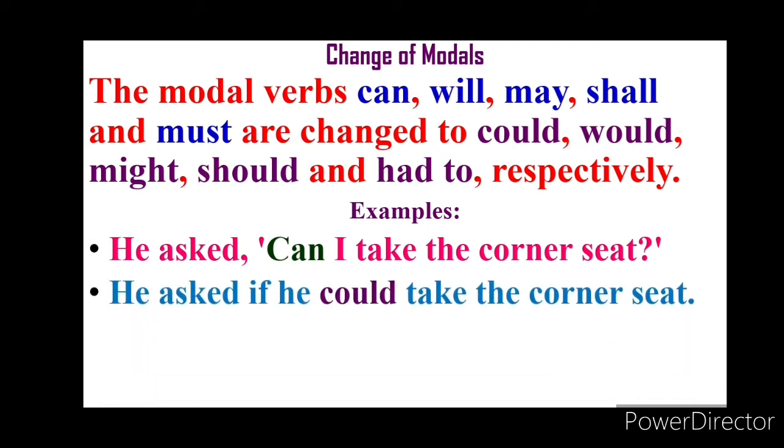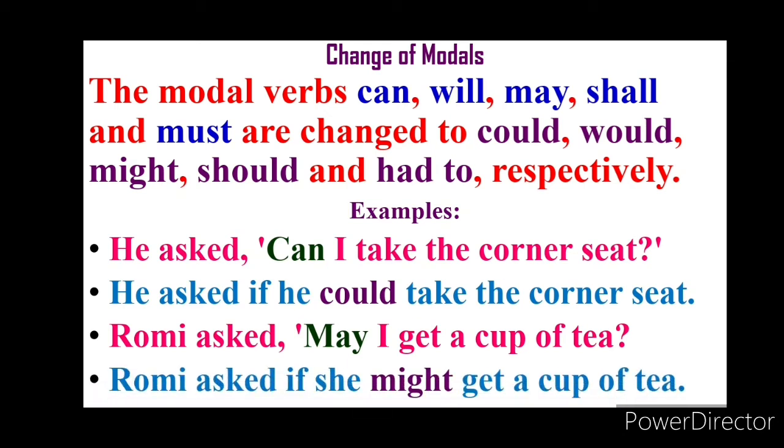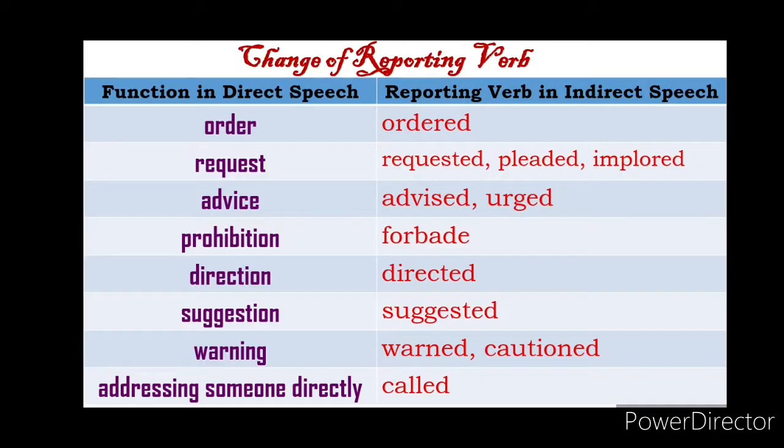In indirect speech, he asked if he could take the corner seat. Can is changed to could. One more example. Romy asked, "May I get a cup of tea?" Romy asked if she might get a cup of tea.